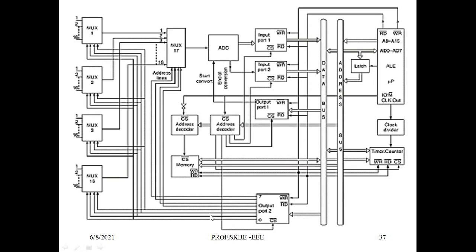Here multiplexers 1, 2, 3 and 16, 17, and analog to digital conversion, then address decoder, memory allocations and flip-flop, based on the address bus and data bus, and also the latch, which is a register, then analog to digital conversion and then the processor in the layout.